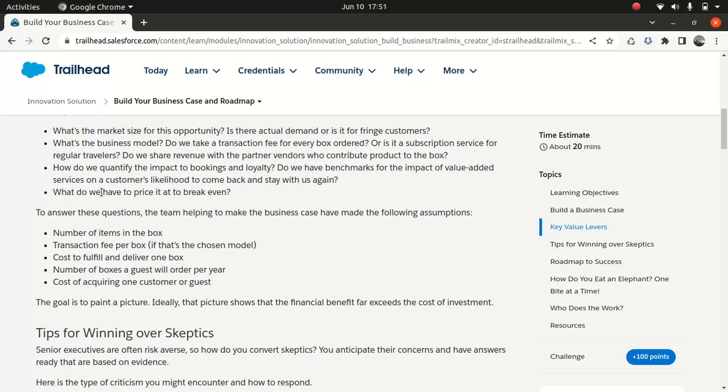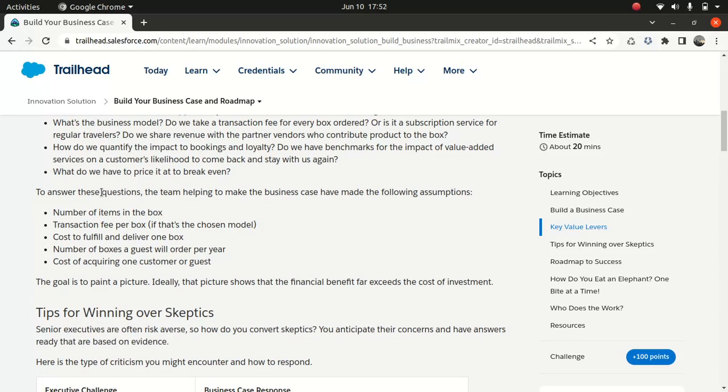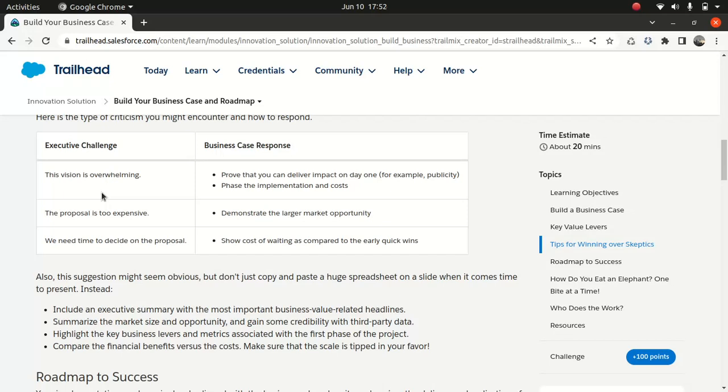And your roadmap should focus on that, right? Which customers you want to target, the revenue generation, and ease of use, the productivity upgrade for the customers who are going to use it. And Trailhead actually gives you pretty good scenarios. It talks about executive challenge or business case response.